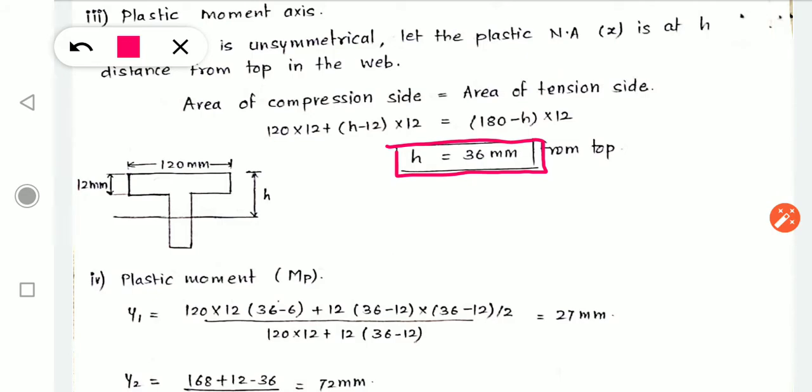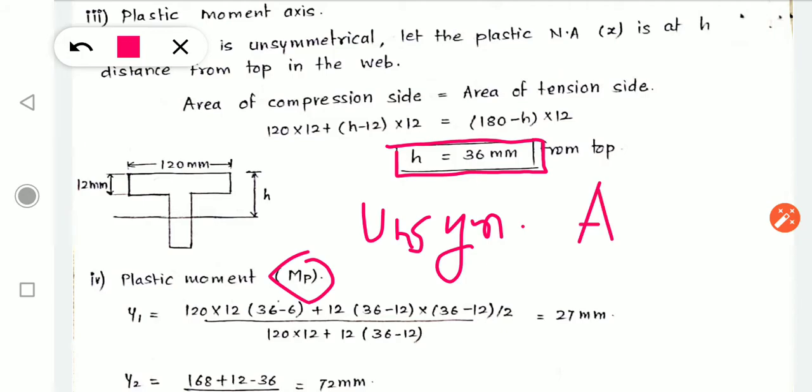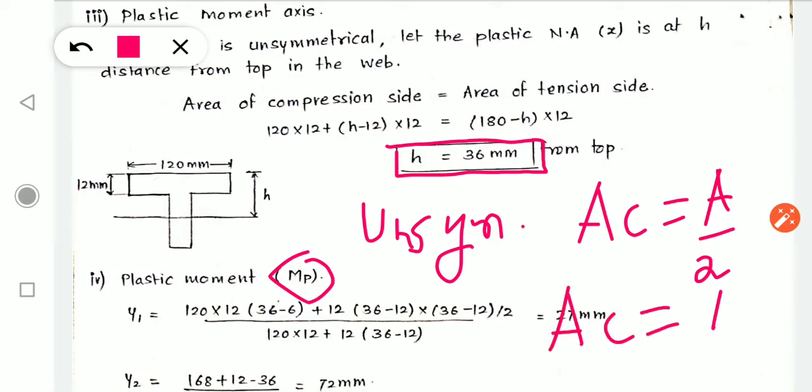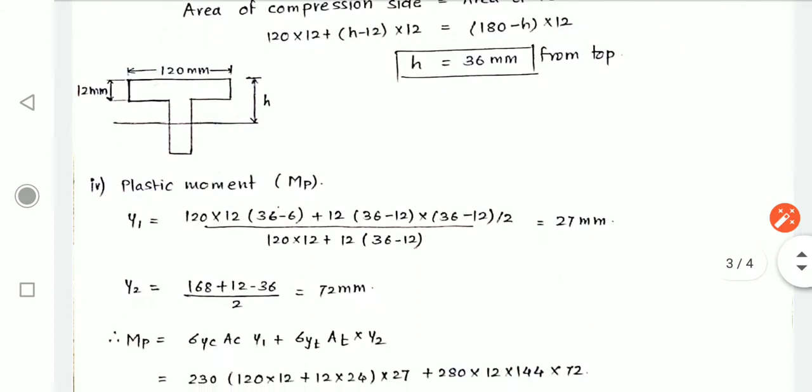That is important for the calculation of MP. Therefore, remember always in an unsymmetrical section, you equate the area on the compression side to half of the area of the given section, or simply the area of the compression side should be equated to the area of the tension side. From there you will get the h distance, and that h is nothing but where exactly the plastic neutral axis lies.